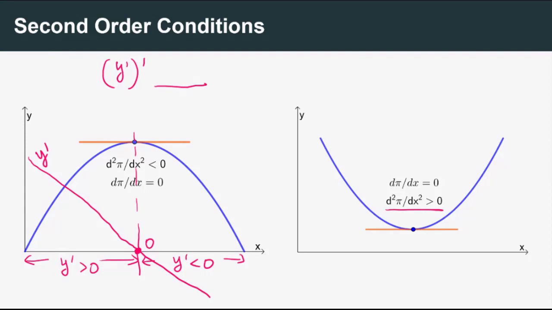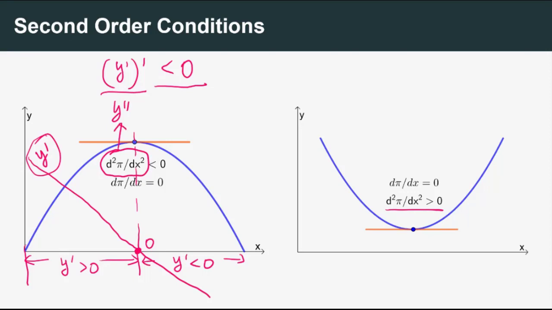For the whole region from here to the right, this is a decreasing function. If this y prime is a decreasing function, that means the derivative of y prime is smaller than 0. This is y double prime, and that is the second order derivative.